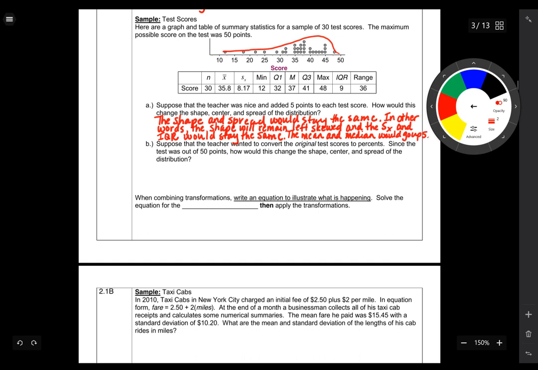Here we go. Part B, suppose that the teacher wanted to convert the original test scores to percents. Since the test was out of 50 points, how would this change the shape, center, and spread of the distribution? So you're going to multiply by 2, right? Because you're talking about percents here to get 100 points. So the shape stays the same.